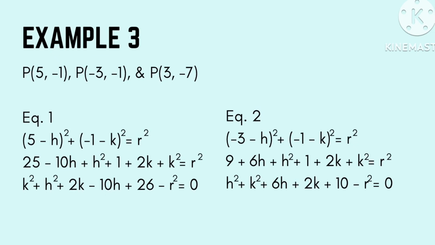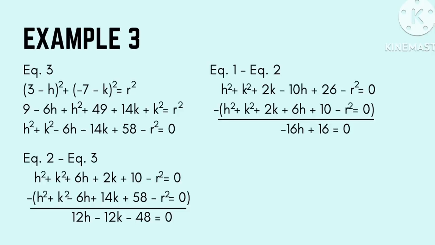And it will also result to h squared plus k squared plus 6h plus 2k plus 10 minus r squared equals 0. So right now, all of this might seem a little hard and challenging, and it actually takes a lot of time to do, but later it will all make sense.